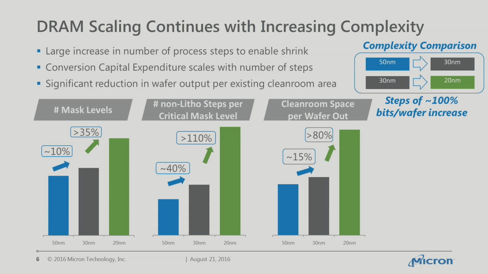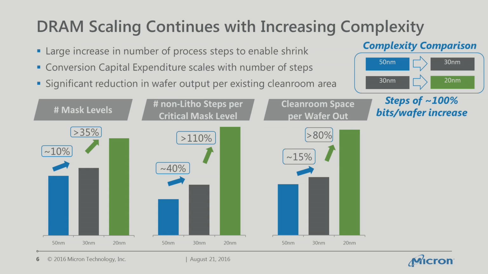So 10% more mask levels to go from 50 nanometer to 30, 35% more to go from 30 to 20. You can likewise see the non-litho steps per critical mask layer going up 40%, then up 110%. The amount of clean room space you need per wafer that you produce has been increasing slowly, and in the last 30 to 20 nanometer double node jump, 80% increase.